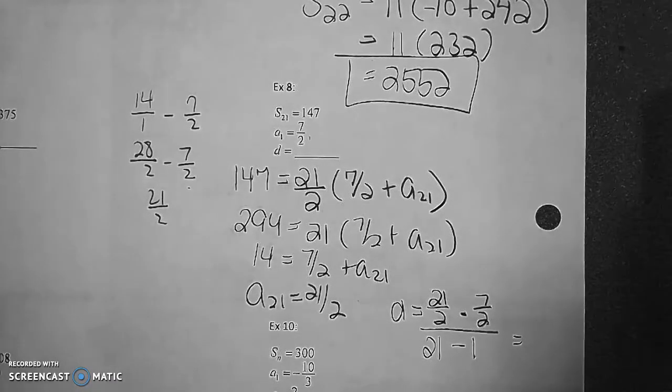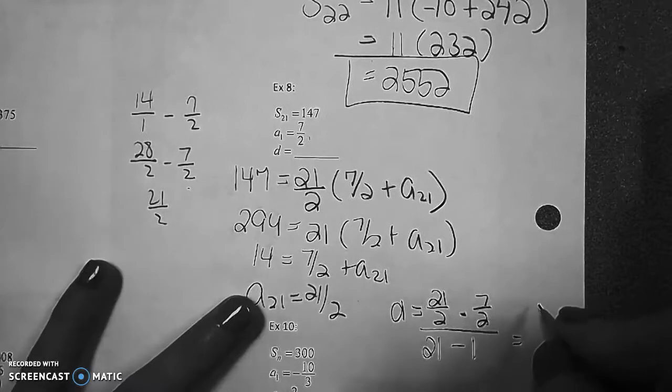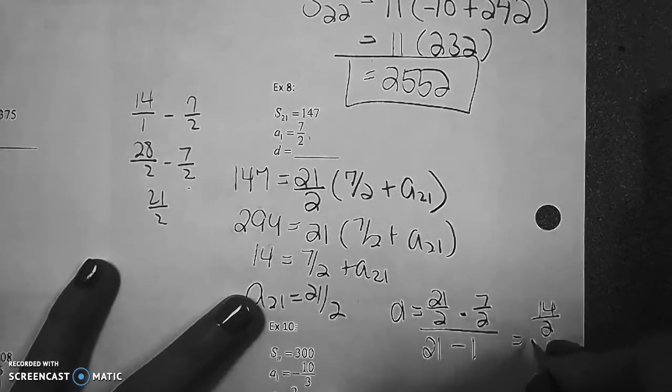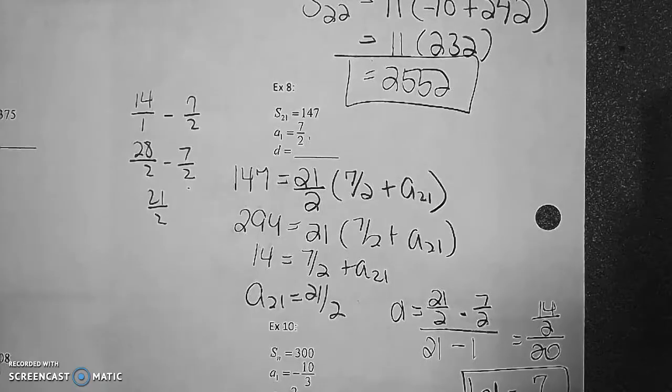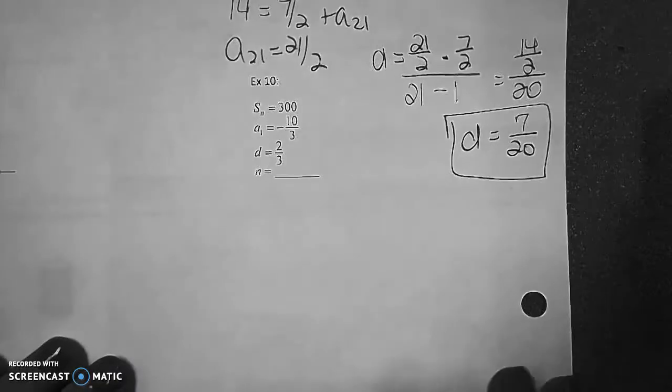So 21 over 2 minus 7 over 2 is 14 over 2. Of course, what's 14 over 2? It's 7. So our common difference is 7 over 20.